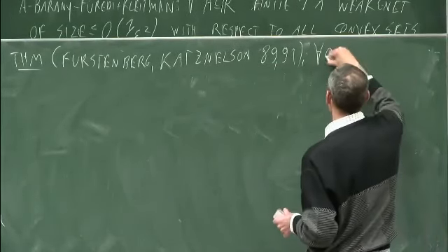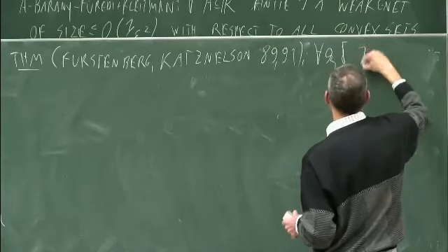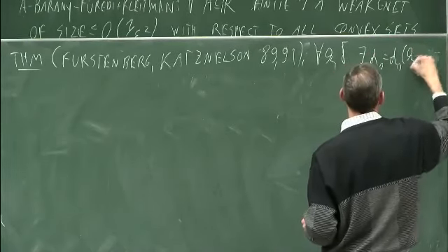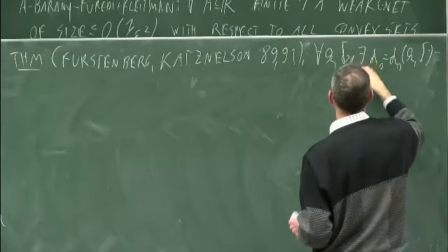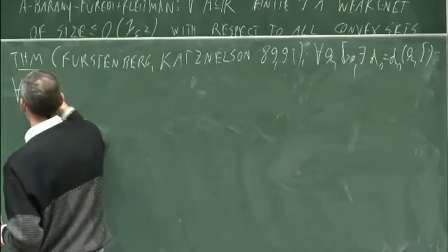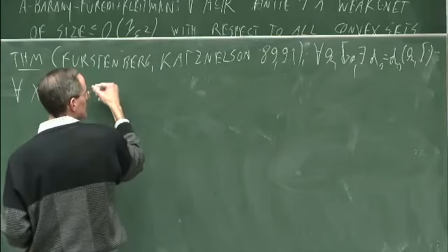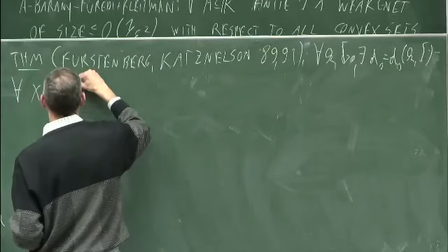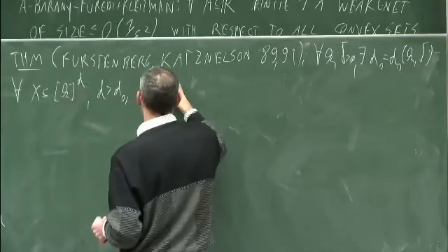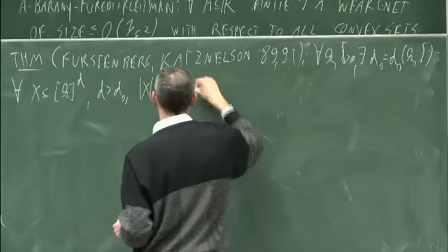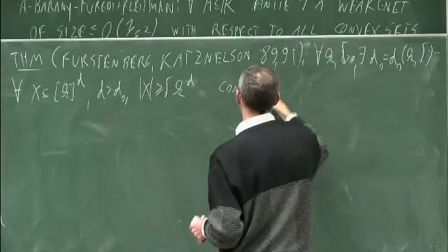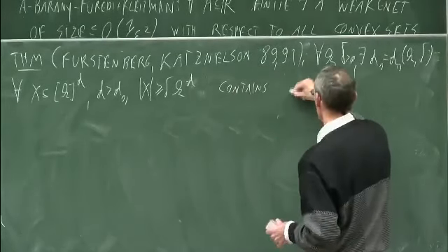It says that for every k and delta, there exists some dimension d_0, which is a function of k and delta, where of course delta is positive and k is an integer, so that every X which is a subset of [k]^d, with d bigger than d_0, and X at least a delta fraction of all points, contains a combinatorial line.